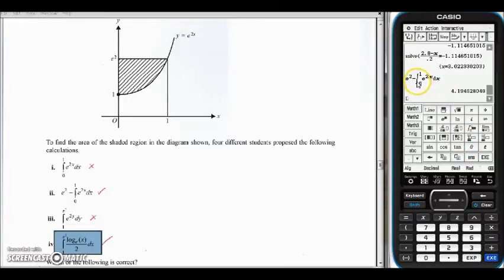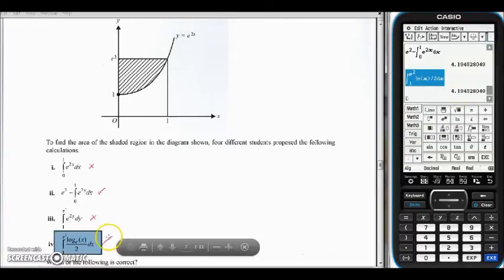Then we could do the integral from 1 to e squared of ln x on 2. If I work out what that is, it's the same thing. So whether or not I know that this is using the inverse, I know that it gives me the right answer, so it must be right.